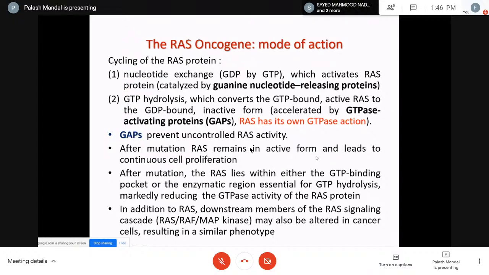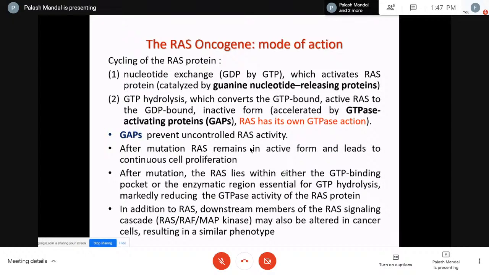In normal form, the active RAS, after completing its action, goes back to its inactive form again, getting attached with GDP, whereas in mutated form, the RAS keeps on attaching itself to GTP and never goes back to the inactive form. This leads to continuous cell proliferation because it is sending signals continuously to the nucleus, and the nucleus will follow the signal and keep on proliferating. The cells will keep on proliferating and there will be uninhibited cell growth.